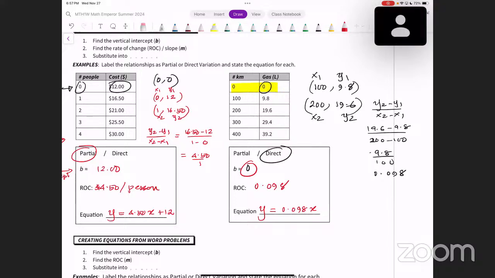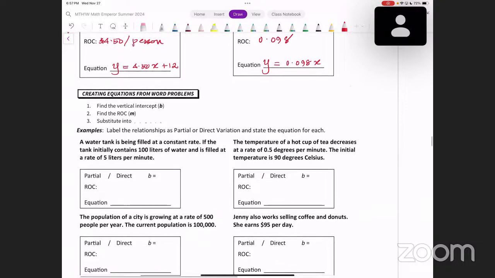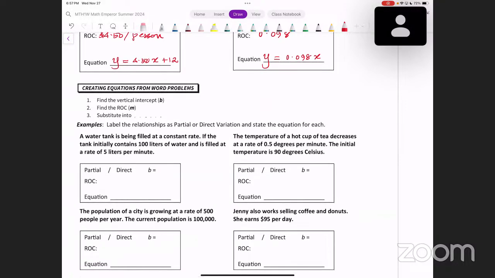Yeah. Okay, now we're going back to the word problem. A water tank is being filled at a constant rate. If the tank initially contained 100 liters of water and it's filled at a rate of 5 liters per minute, we want to find out whether direct or partial.